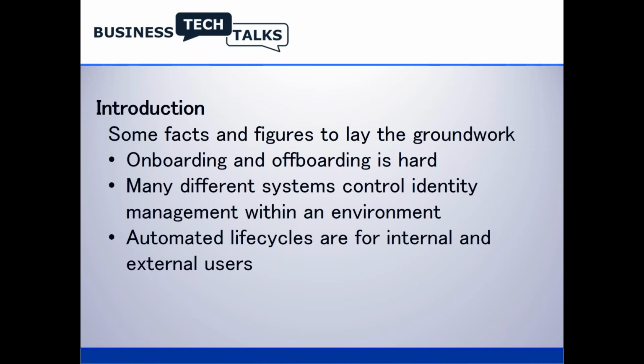Automated life cycles are for internal and external users, as I've already said. This includes your vendors, your suppliers, and your auditors. As they come in, you want to give them a finite amount of time to have access to your assets.